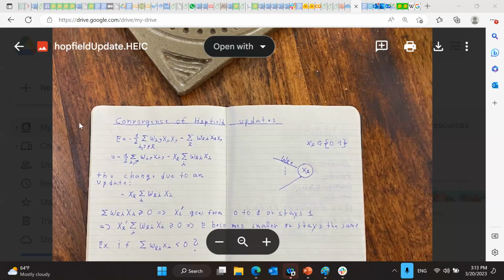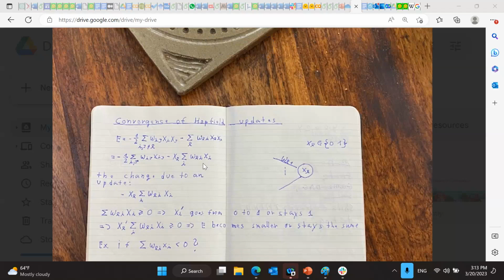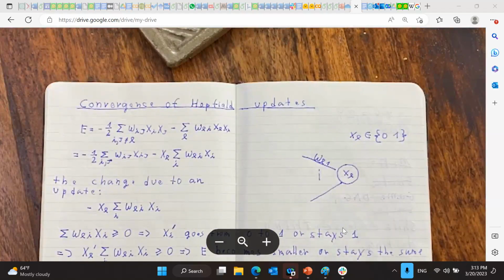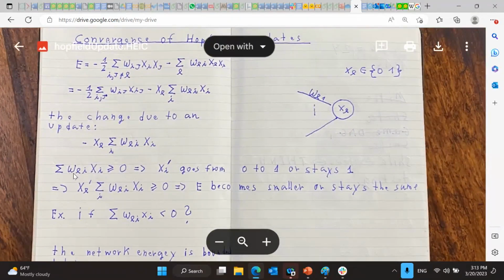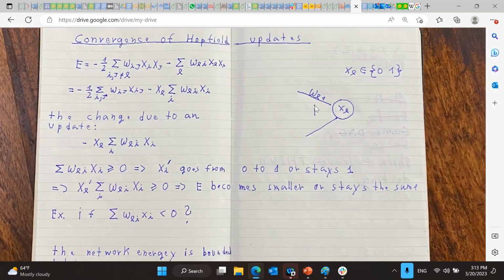So the way the update goes is that we pick a neuron in the network, and we check the sense of the neuron. It's called the sense. Basically, it's the linear combination of the weights that are going into the neuron times the values of all the other neurons that are connected to that neuron.